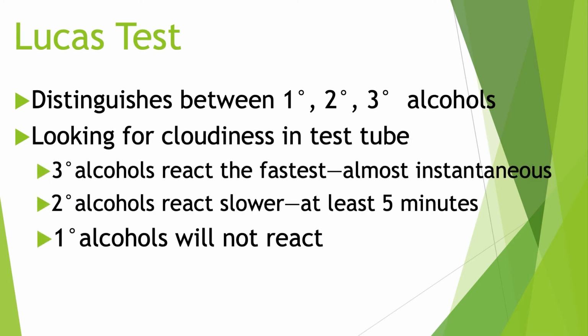So what we're looking at is turbidity in the test tube, cloudiness. Typically a precipitate's not going to form, but it does get quite cloudy. Tertiary alcohols typically react the fastest, almost instantaneously. You'll see the turbidity. Secondary alcohols typically react not within 5 minutes, and primary alcohols will never react no matter how long you have it in the test tube.